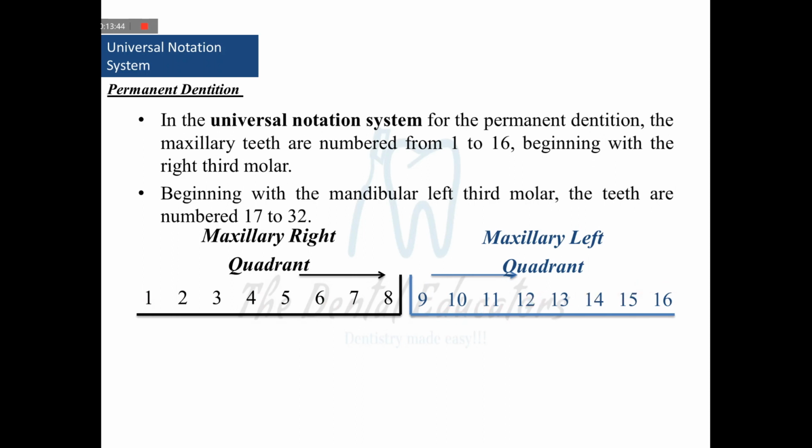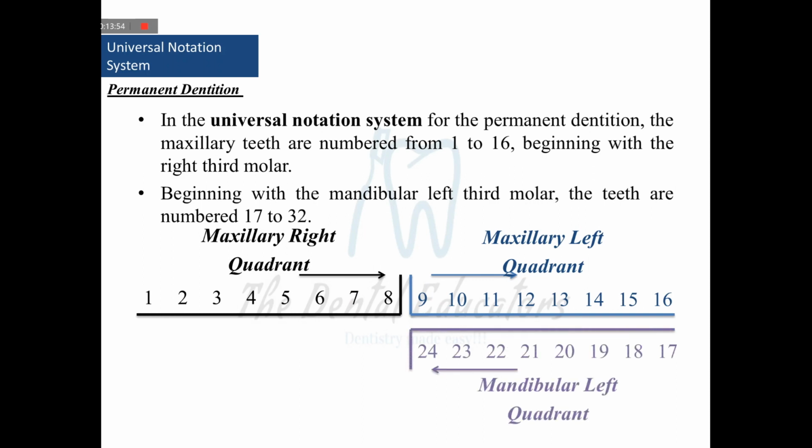So now again you will count the 16 teeth in the mandibular arch, so that we can make up 16 plus 16, that is equal to 32. So we start to count from the third molar of the left quadrant. So we mark the third molar as 17, the second permanent molar in the left quadrant as 18, the first permanent molar is 19, second premolar is 20, first premolar 21, 22 for the canine, 23 for the lateral incisor, and 24 for the central incisor in the left quadrant.